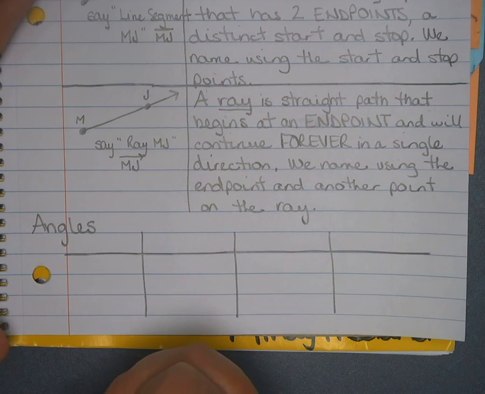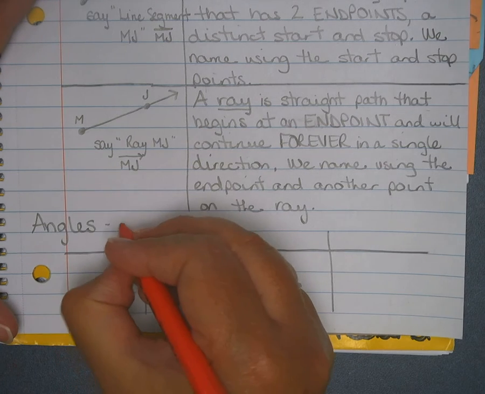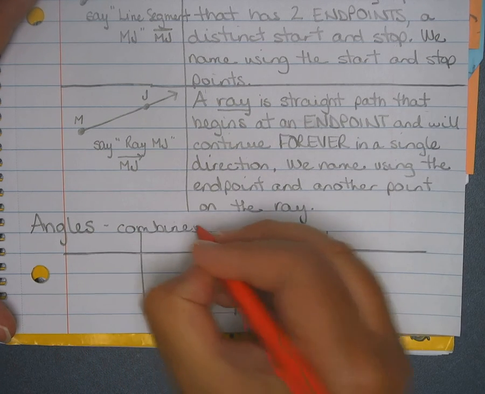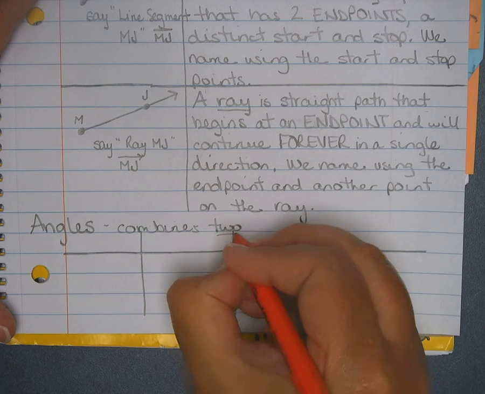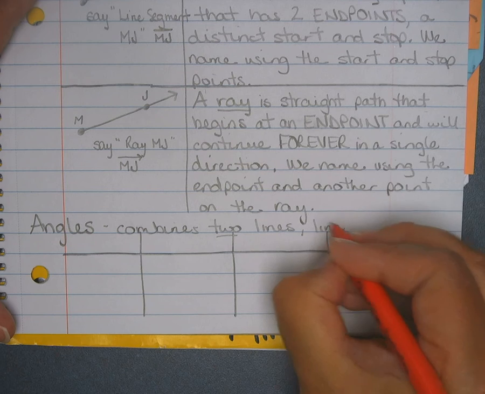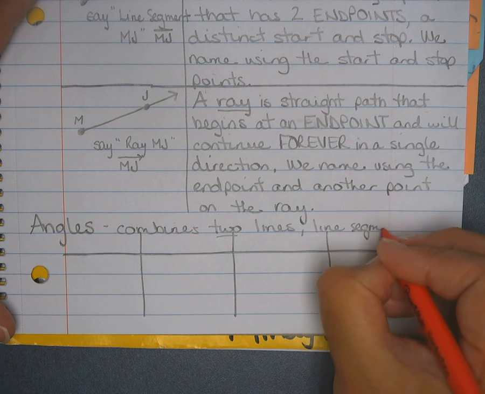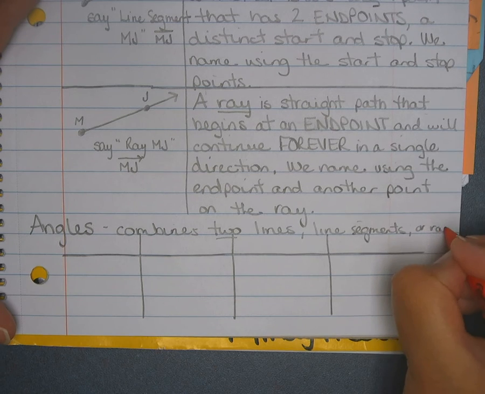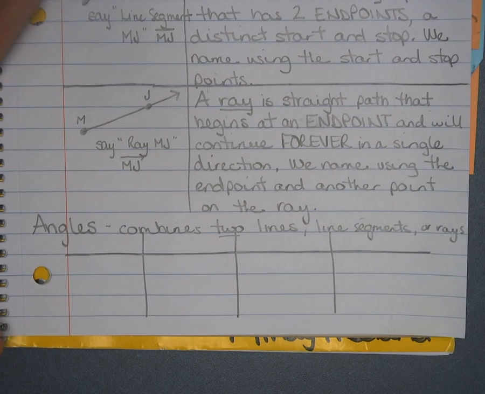So an angle combines two lines, line segments, or rays. Okay.